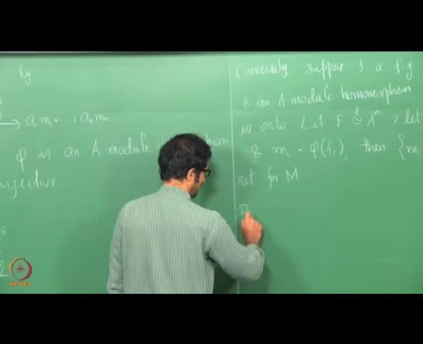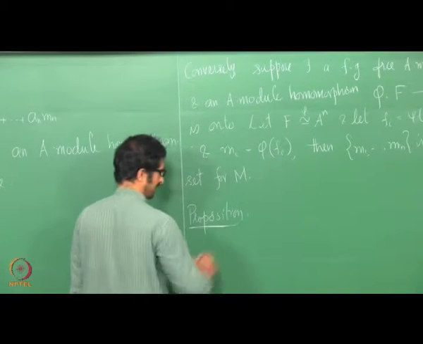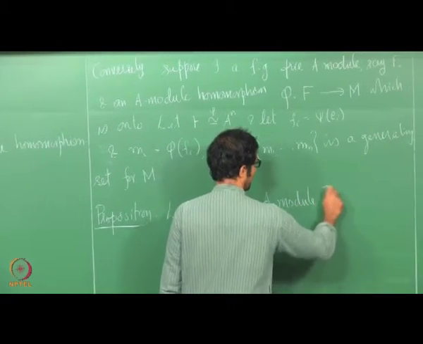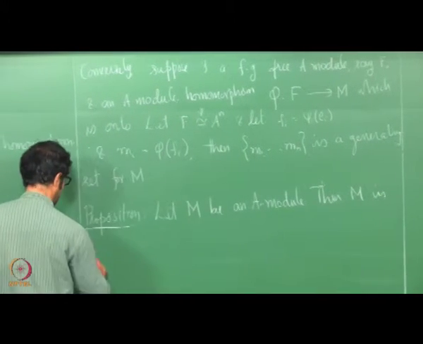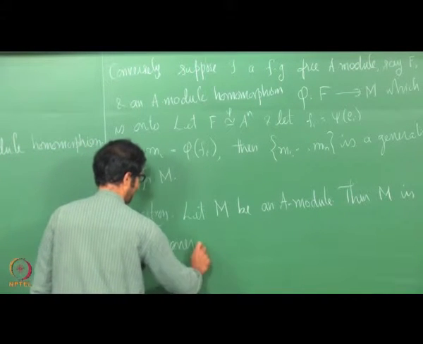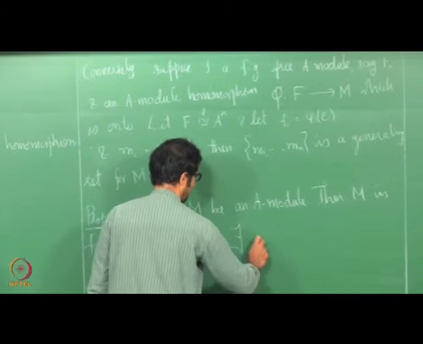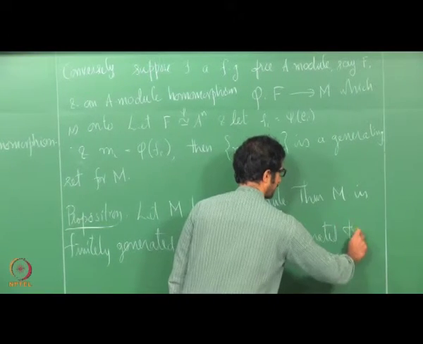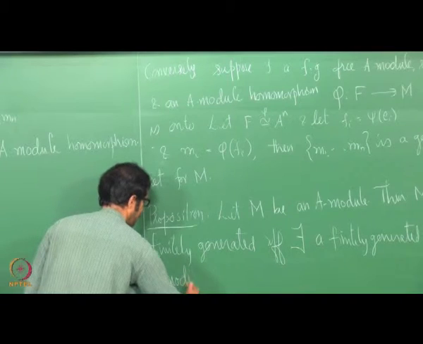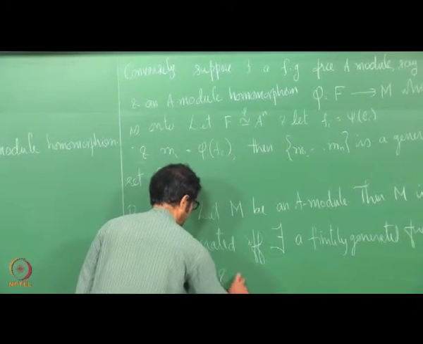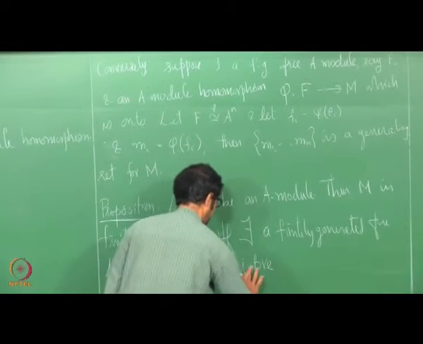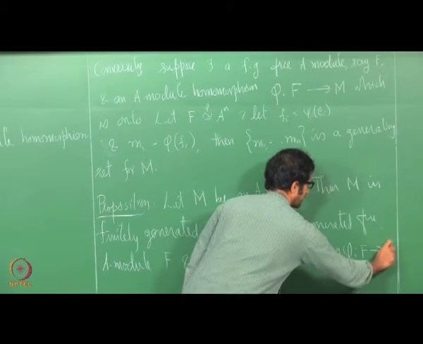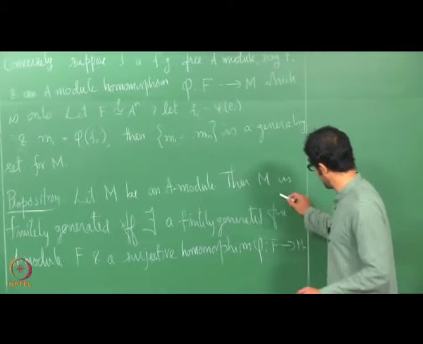So what we have proved now is: let M be an A module, then M is finitely generated if and only if there exists a finitely generated free A module F and a surjective homomorphism phi from F to M. For the converse part, we do not need the free condition here.